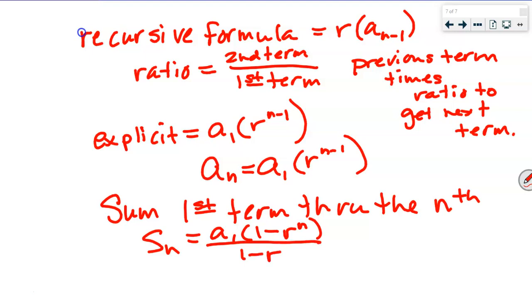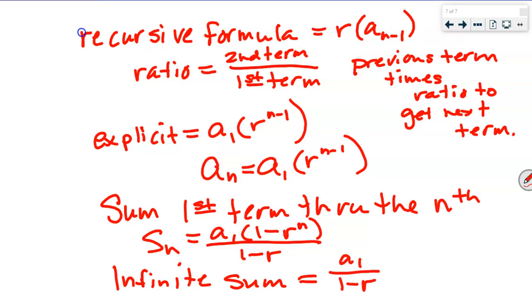So this is when we're looking for the sum of, let's say n was 10, the first 10 terms. And then you also have the infinite sum. This is a different formula, so you have got to read these questions. With the infinite sum, you're going to take A1 and just divide it by 1 minus r, whatever the ratio is.